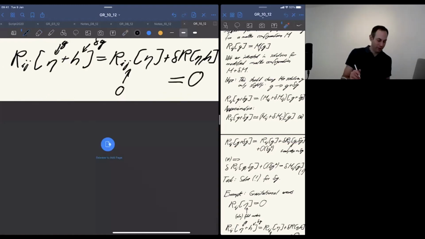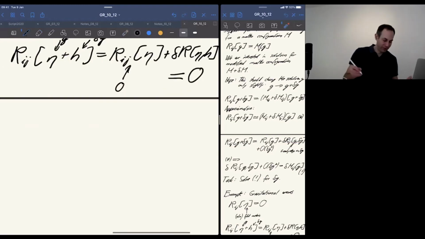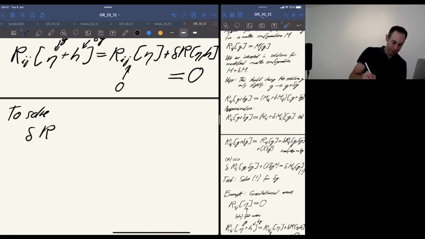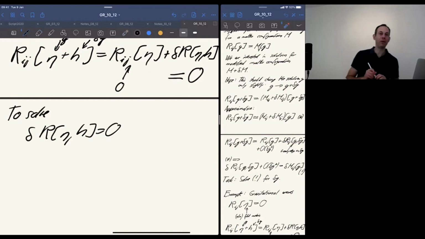So what you actually need to solve is the equation delta R eta H equal to 0. Of course, h equals 0 will be a solution, but that's a trivial solution. We are really interested in non-trivial solutions that can live on flat spacetime but have no matter term.